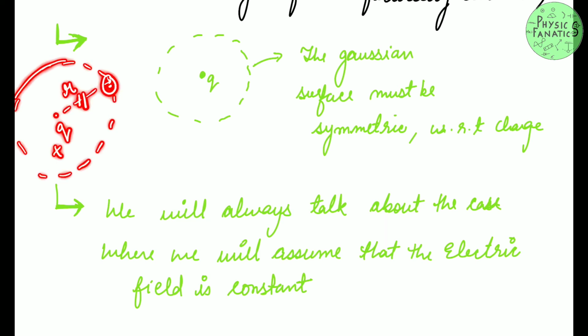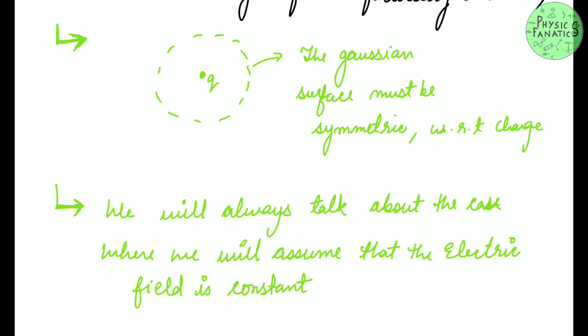We will explain this imaginary surface more in our next video, where it will be much clearer. For the time being, just bear with me and assume that in order to find the electric field or electric flux at some distance r away from a positive charge, you first have to imagine a Gaussian closed surface.